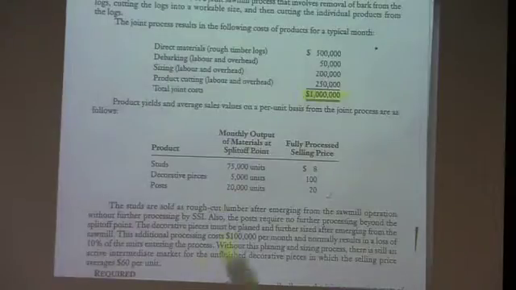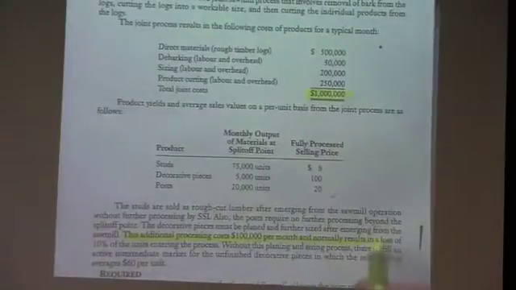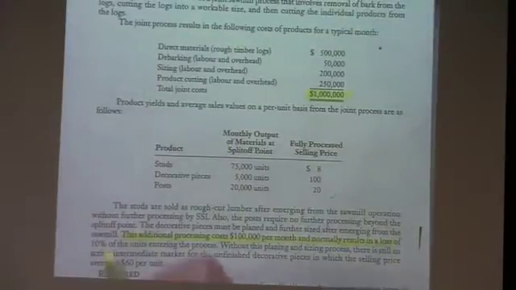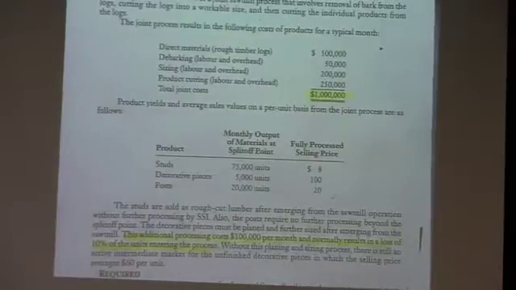The decorative pieces must be planed and further sized after emerging from the sawmill. So there's another processing that we need to do for decorative pieces. The additional processing is $10,000 per month and normally results in a loss of 10% of units entering the process.